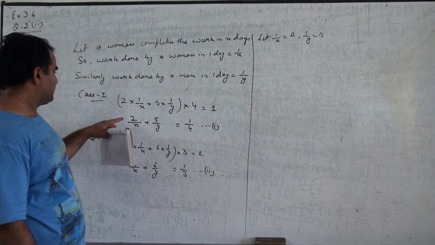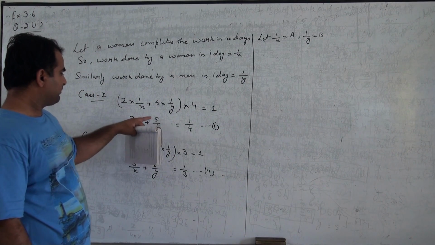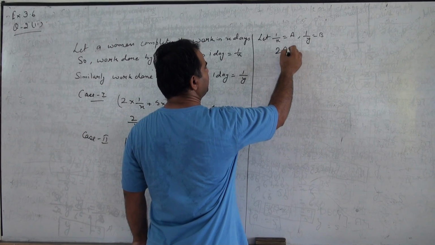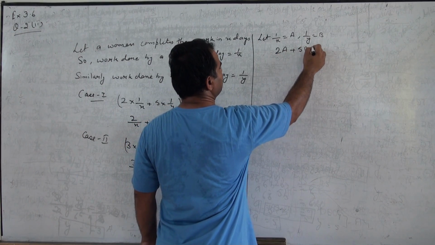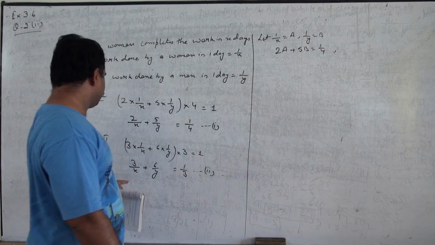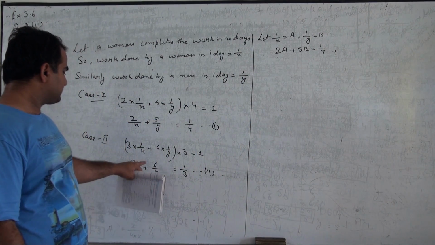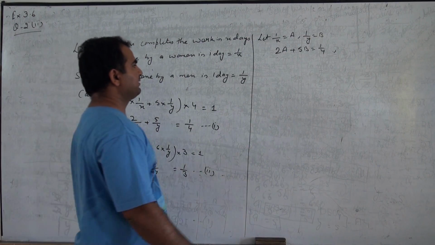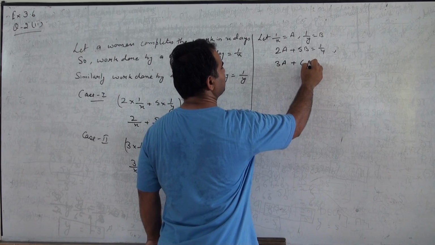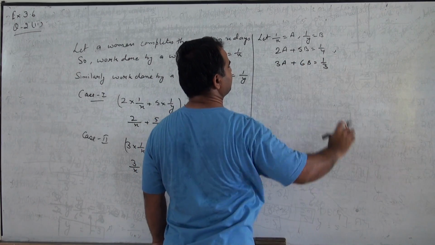So the equations will be 2a plus 5b equals 1 upon 4, and the second equation will be 3a plus 6b equals 1 upon 3.